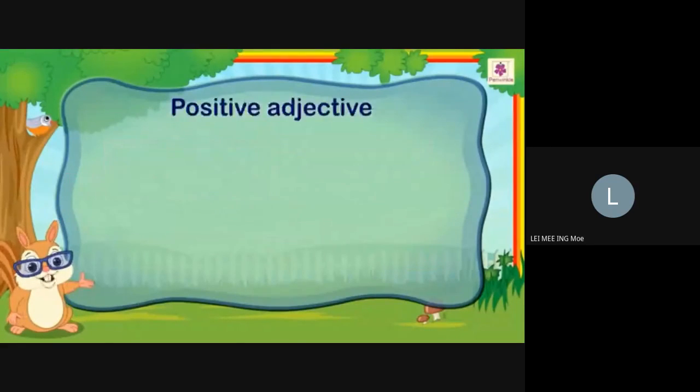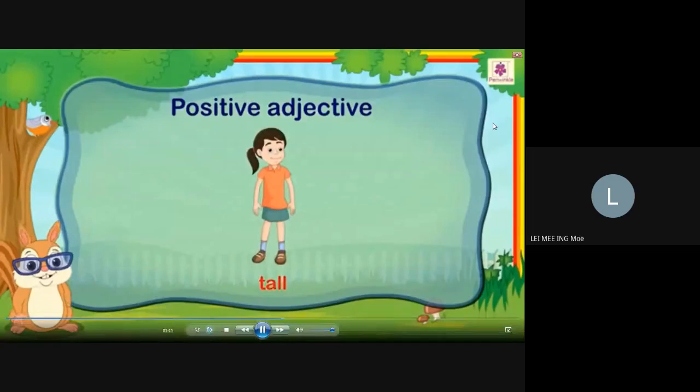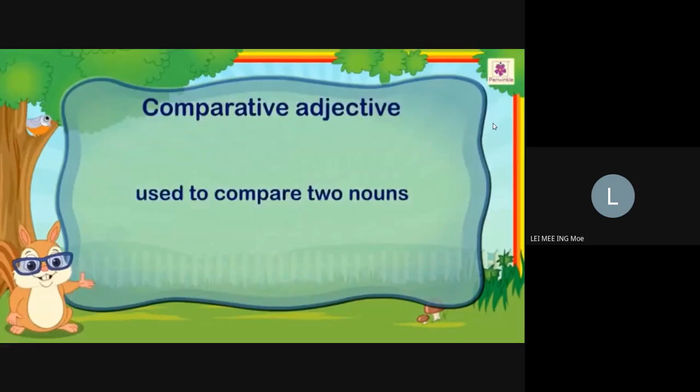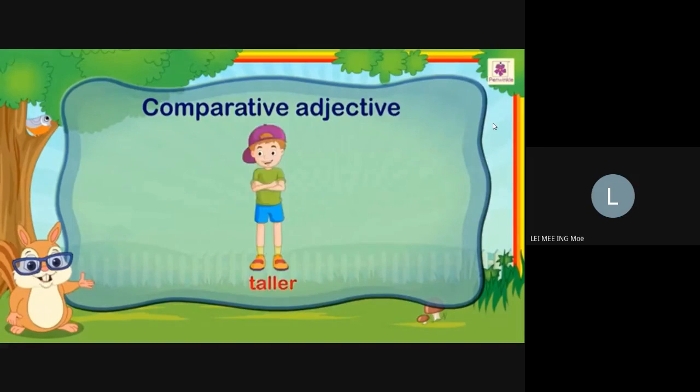A positive adjective stands alone. For example, tall. Rupa is tall. A comparative adjective is used to compare two nouns. We usually add er to the adjective. For example, taller.